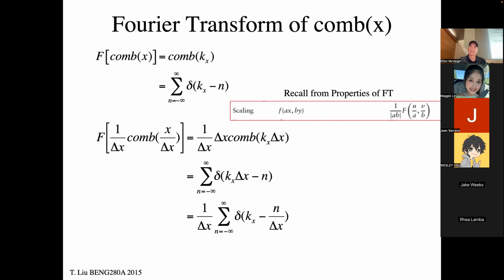Okay. And from scaling, we know if our original function was f(x,y), and then we multiply x by a and y by b, so we scale the axes of f(x,y), what happens to the Fourier transform? Well, we know it scales in the inverse way. So if a is 2, then this is 1/2, and it gets normalized by a times b.